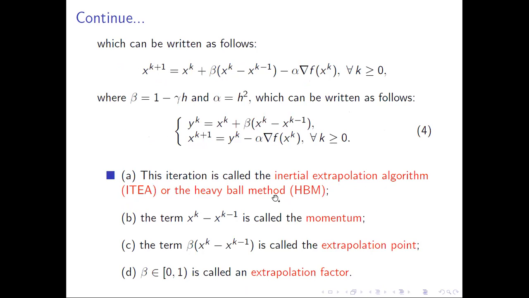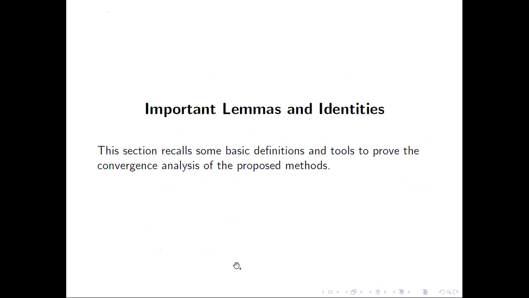The iteration is called the inertial extrapolation algorithm or the heavy ball method. The term xk minus xk minus 1 is called momentum, and the term beta times that is called the extrapolation point, and beta is called the extrapolation factor.